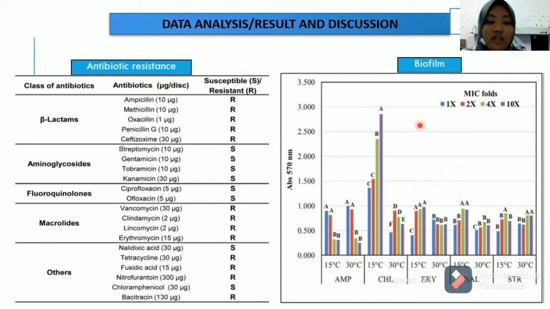So the researchers of this article hope that more research will be done in order to identify more characterization of Pseudomonas putida towards the spoilage of cold storage vegetables. That's all from me. Next.